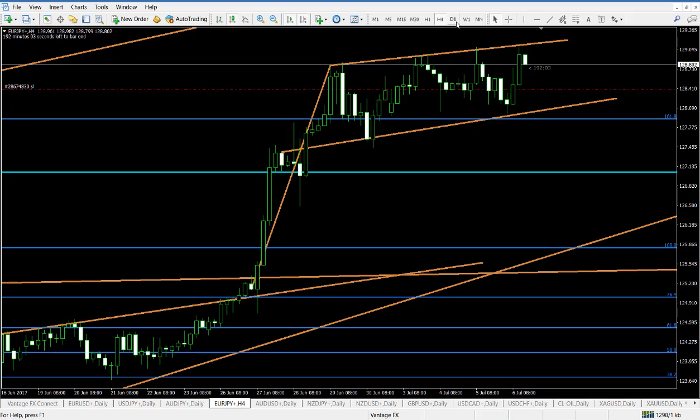This is a 4-hour chart. It's not my time frame. Actually, I don't normally trade in 4 hours. I just try to pinpoint my trades and find the best entry prices in the 4-hour and 1-hour chart. But if your favorite time frame is lower than daily, you can try.